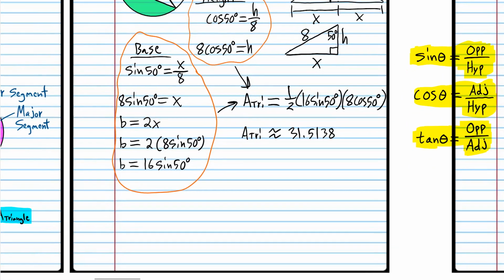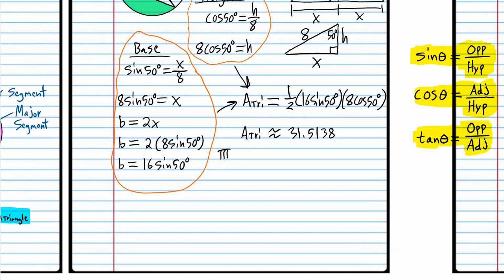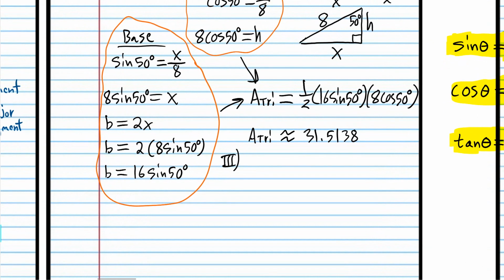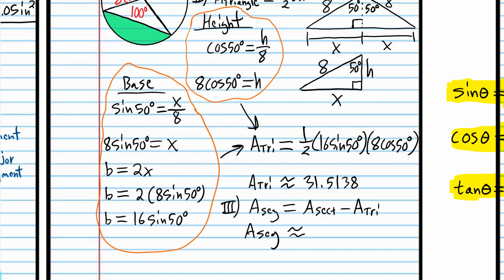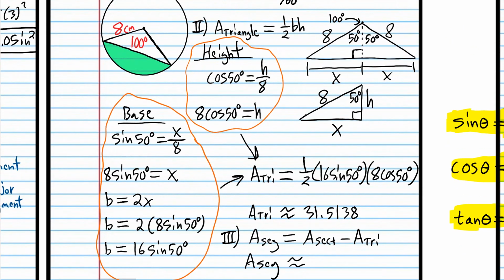So now we're going on to step 3, the final step. So the area of the segment is equal to the area of the sector minus the area of the triangle. And we can just plug in those numbers, and we get 55.8505.